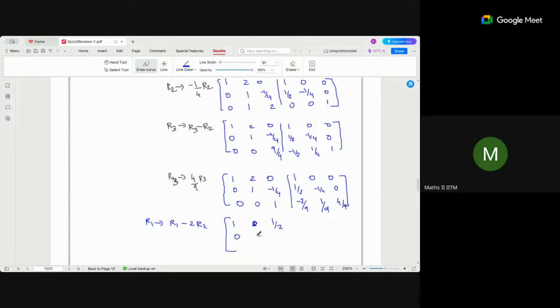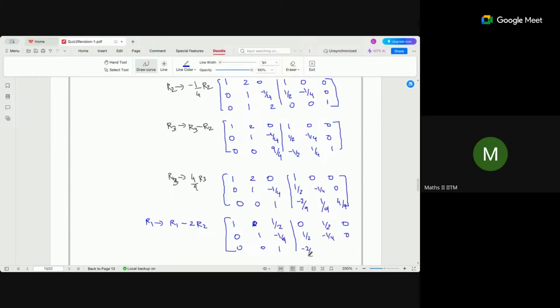Correct? So 0, 1, -1/4, 0, 0, 1. So again here R1 minus 2 times of R2. So you will have 1 minus 1, so 0, 1 minus 1, right? So 0. And here this is again 1/2, right? 0 minus 2 times of this, and then here again 0. The remaining things will be the same.